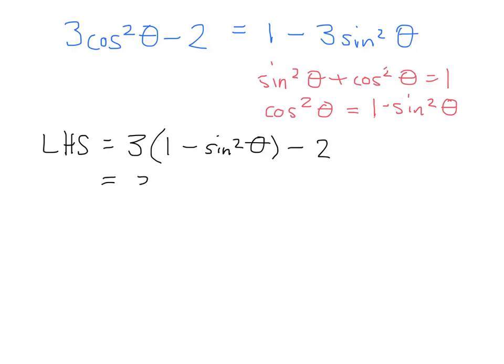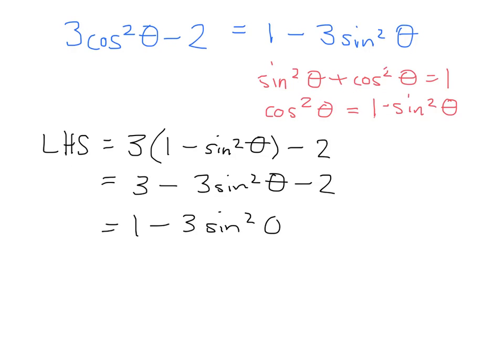We can expand the brackets, become 3 minus 3 sine squared theta minus 2. Combine the constant terms, 3 minus 2 is 1, so we get 1 minus 3 sine squared theta. But this is just our right hand side. So again, we've proved another identity.